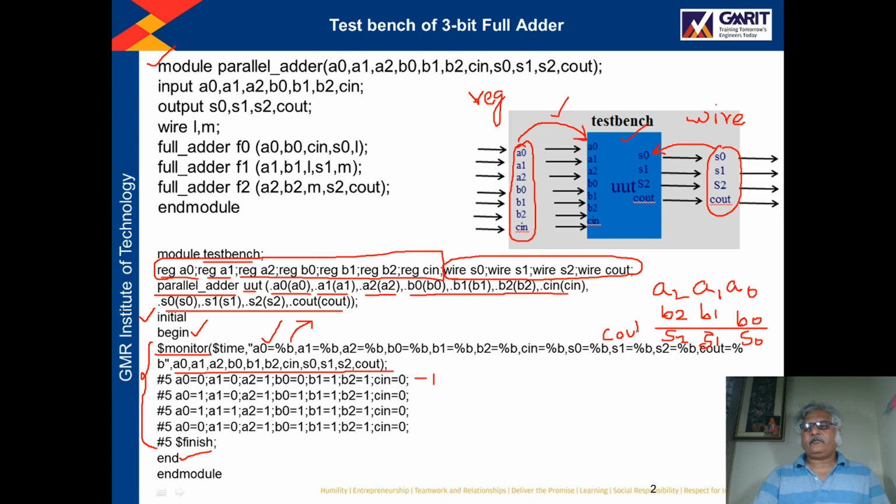So in statement 1, A0 is 0, A1 is 0, A2 is 1. B0 is 0, B1 is 1, B2 is 1.